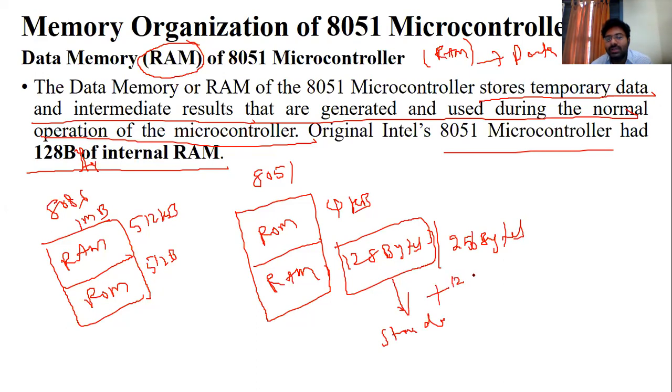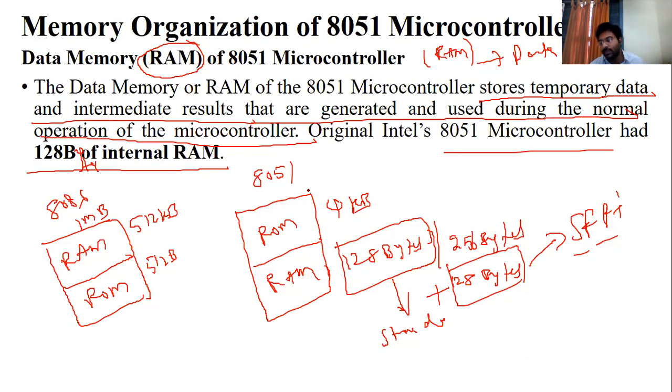The remaining 128 bytes is utilized for the SFRs, special function registers. You know that you have 32 types of registers. For addressing purposes we are using the remaining 128 bytes. So it is 256 bytes.